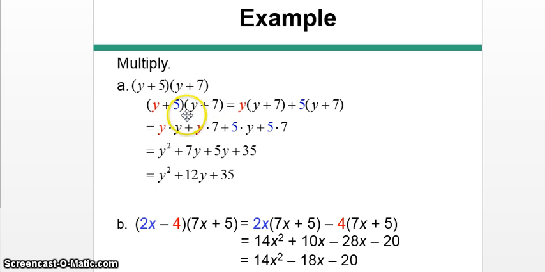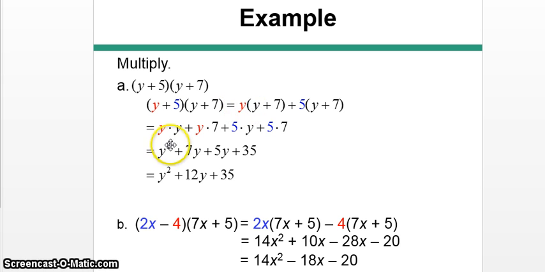Whenever we multiply two binomials, multiply each term with each term of the second binomial. Look at here, y times y plus 7, and 5 multiplied with y plus 7.